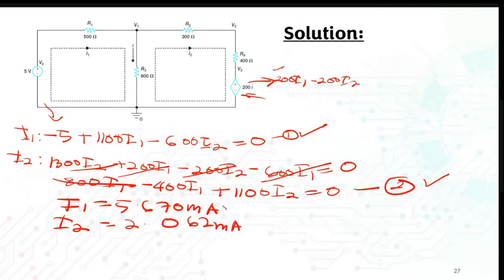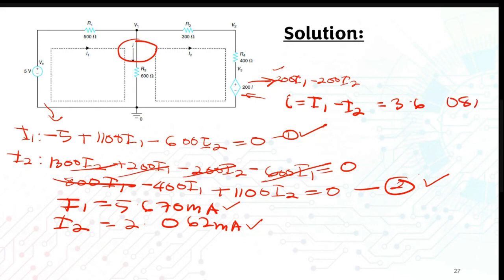Now you have I1 and I2, and you can find your I as well, where you know that I is equal to I1 minus I2, this value minus this value. When you calculate, you get 3.608 milliampere for this I.